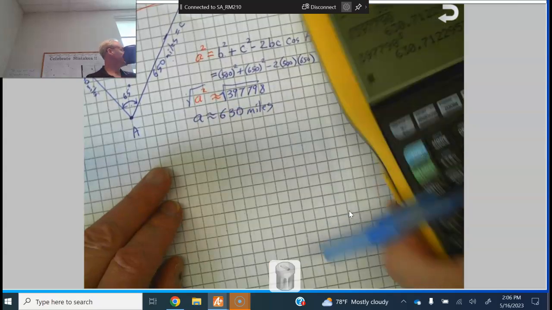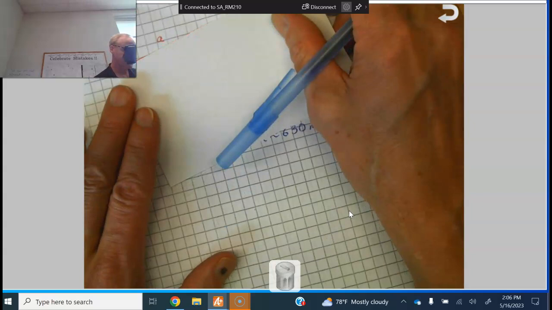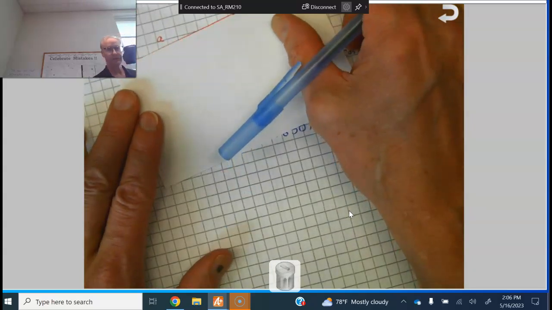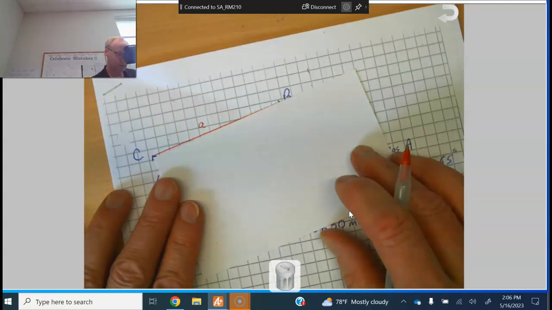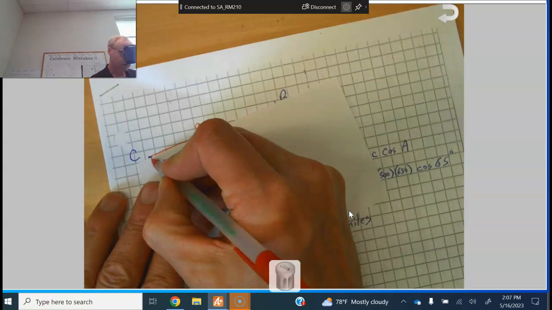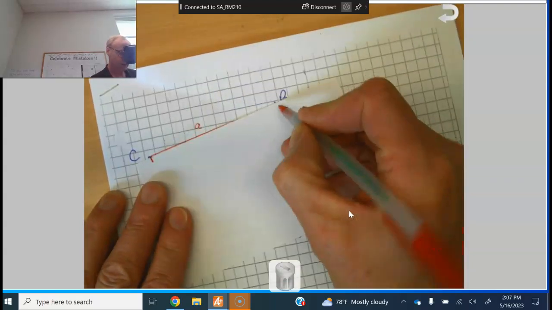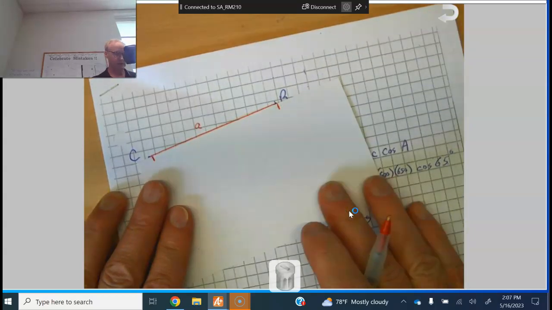The other way to do this problem is to just simply measure it. Measure that distance between these guys. That's what I'm going to do. I'm going to measure from C to B. I'll put it in the middle here. There. C is right there, and B is right there. And I want to see how close I get. Try yours.